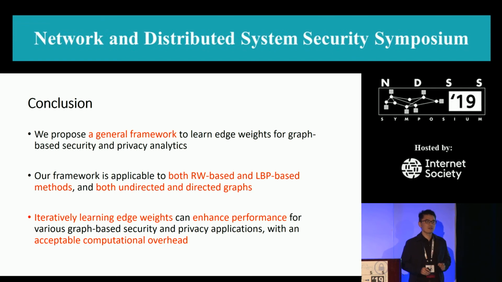For this method, I think it is very difficult to evade because the learning process is dynamic, and also because we need to jointly learn the edge weight and the posterior score. There are 2 different variables, and we need to alternately learn both of them. So if an attacker wants to evade that, he should know the iterative process of these 2 variables.